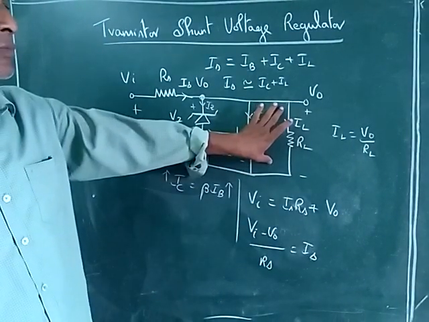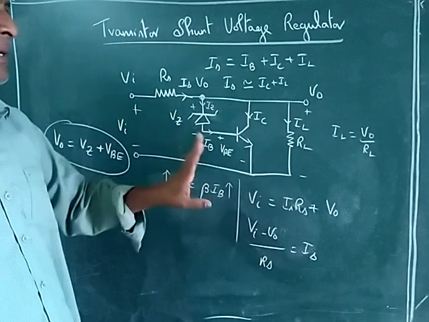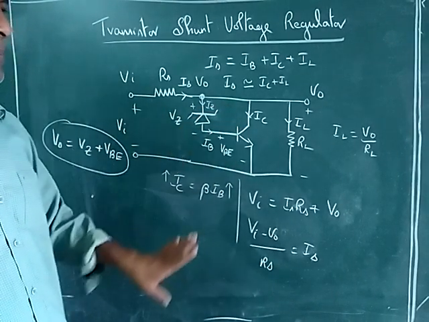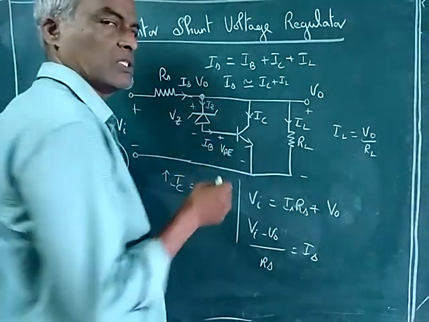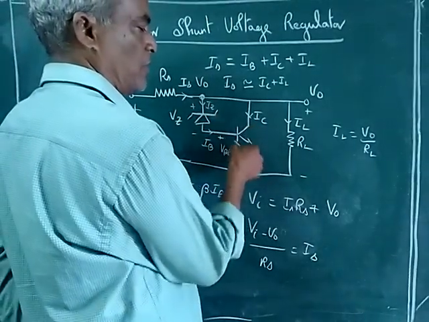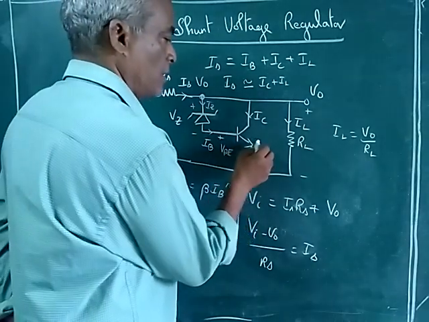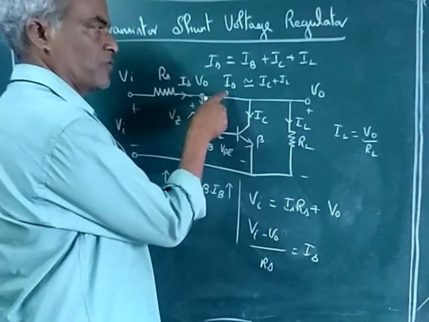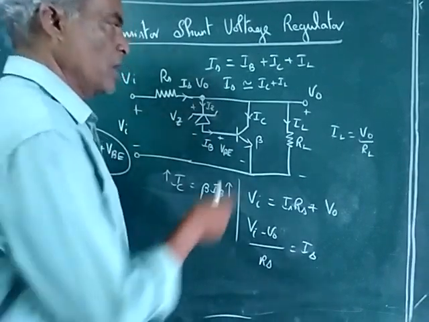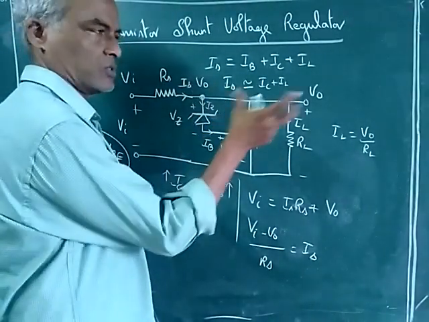And IC is beta times IB, so this can also be defined. If the base current is known, then IC is equal to beta times IB, and we know the value of beta of the transistor. So these two values are known, therefore the IS value can be found.